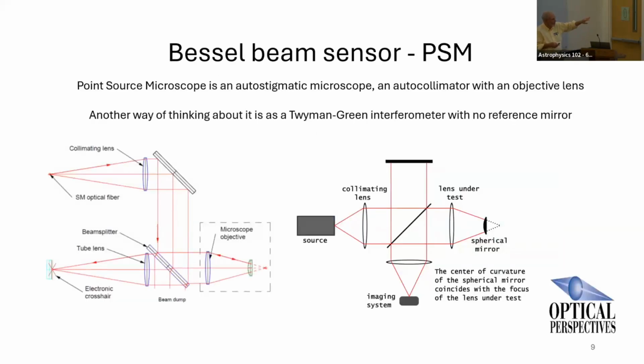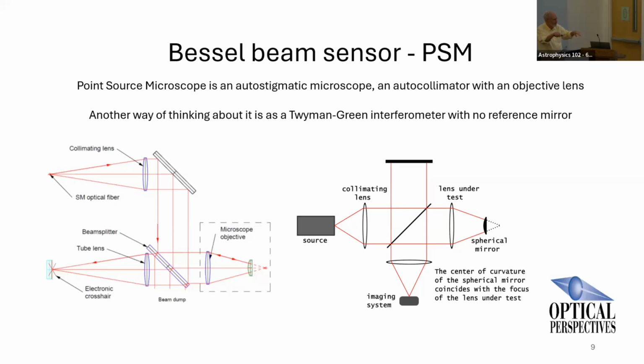And we also use it with a Bessel beam. As we project a Bessel beam into it, we see it again, and we want to get it in the crosshair. You can see here, I've just done this for illustration. If you had a convex surface here, you'll get your spot back, but it's essentially the same optical system as in a Fizeau interferometer.